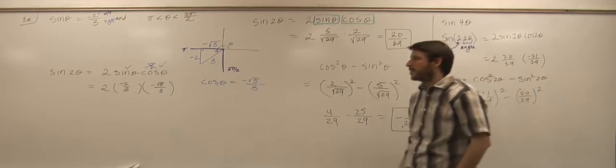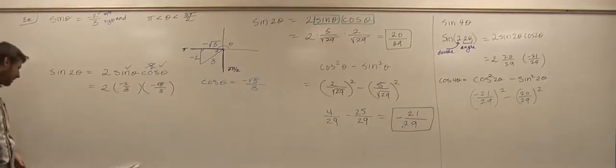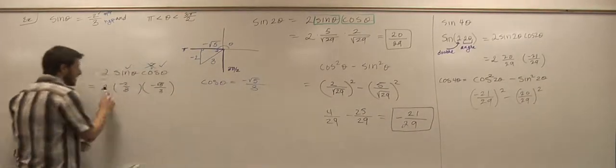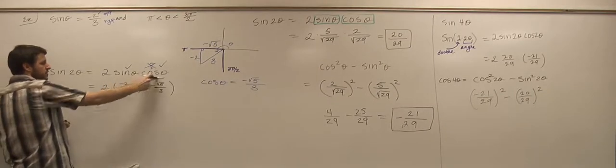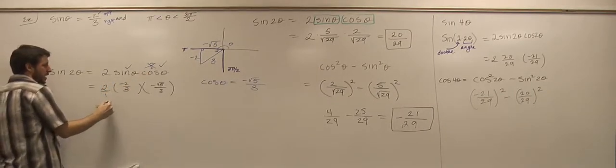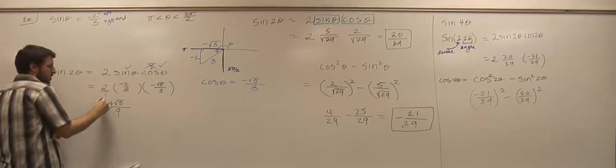And then you multiply it out. Negative 4 root 5. Right, this guy's on top. You think of this guy as a 2 over 1. So then 2 times 2 times root 5. So it'll be positive, actually, 4 root 5 over 9.